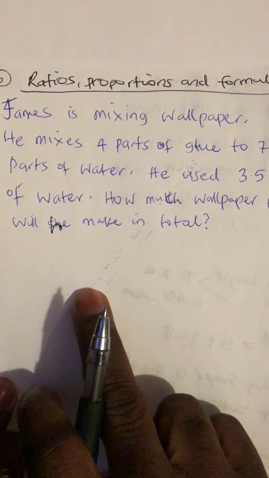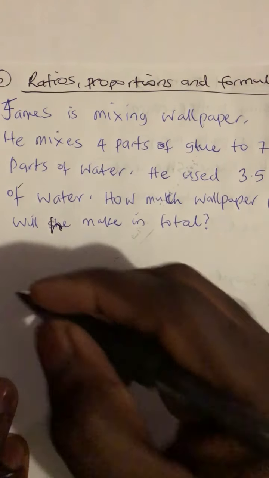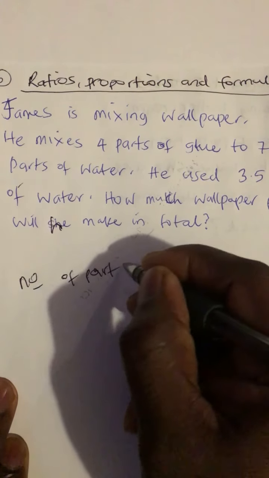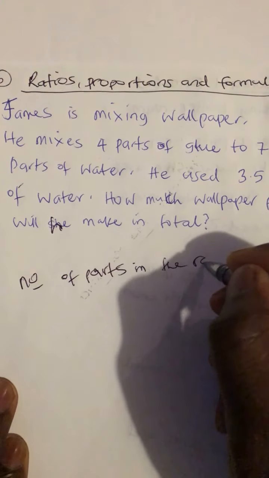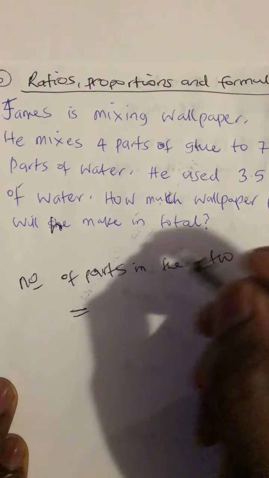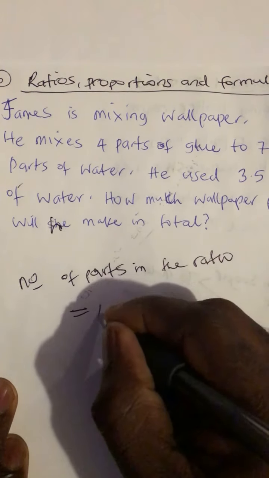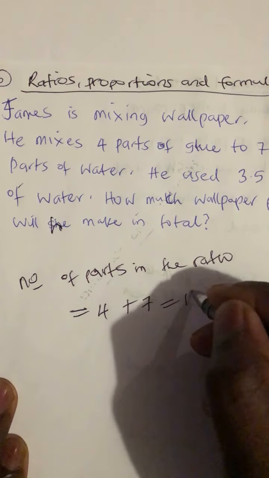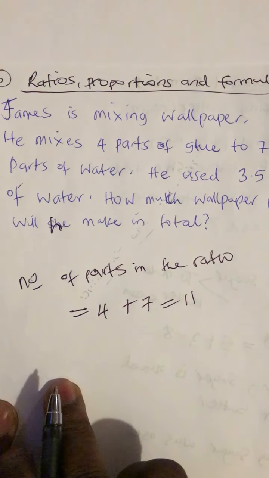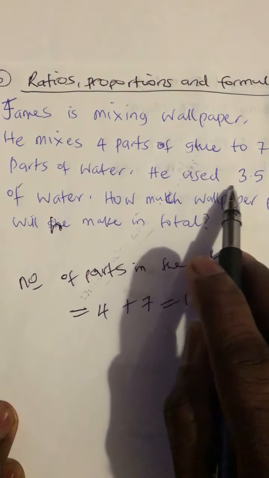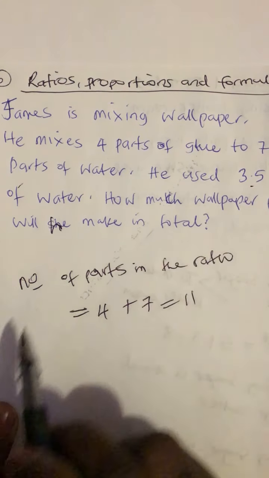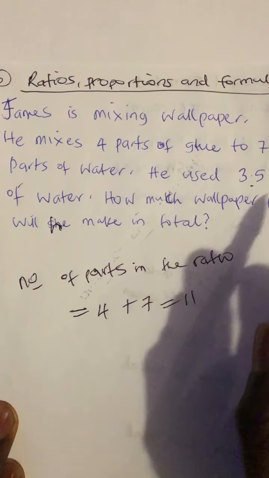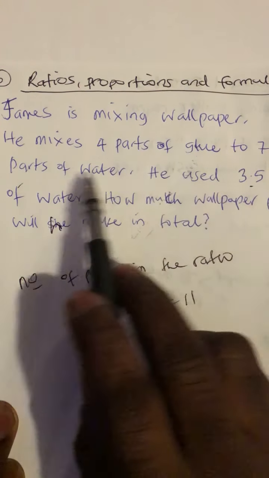So in this case, we first of all find the number of parts in the ratio. We have 4 parts of glue plus 7 parts of water. That will give us 11. So we know it will use 3.5 liters of water, which means this 3.5 liters of water is equivalent to our 7 parts of water.